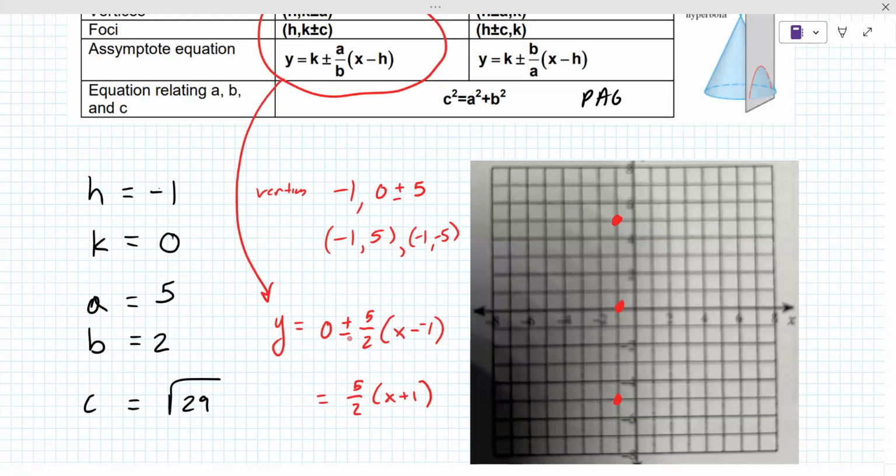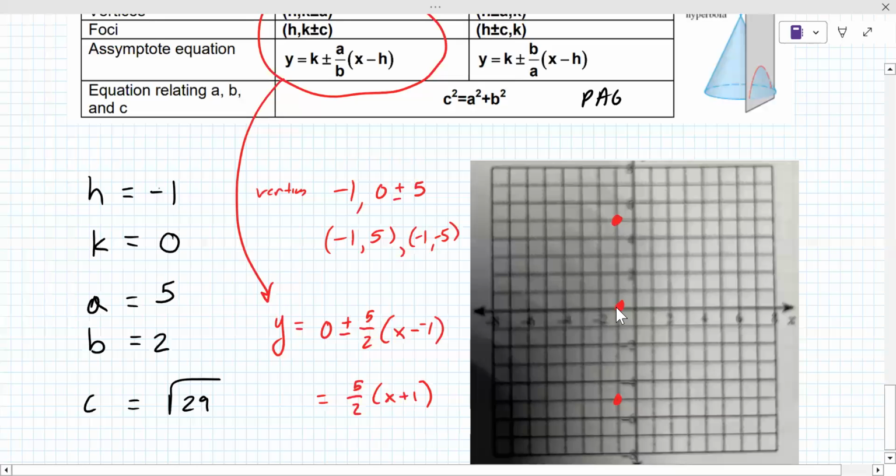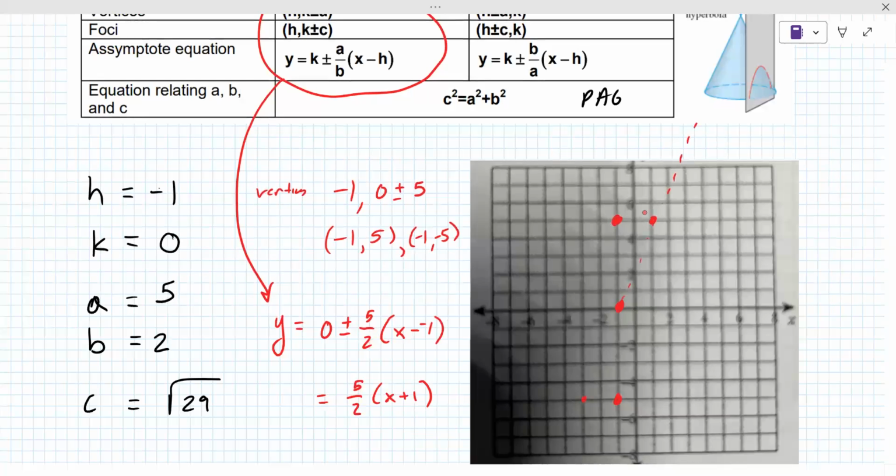The thing that's probably made overly complicated by this equation is that you actually just start at the center and you use this as the slope. So 5 and 2: up 5 over 2, down 5 over 2. So you get this dashed line here.